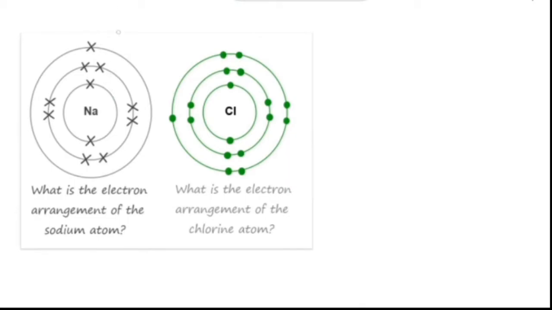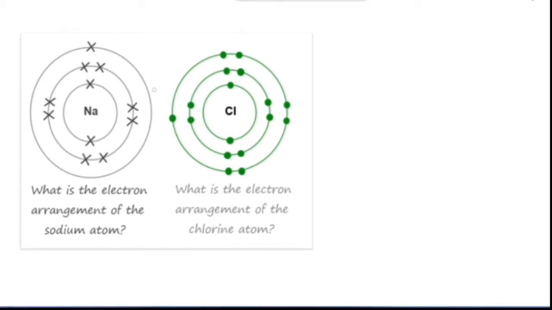Now you can see the structure of sodium and chlorine. You can see that sodium has 1 electron in its valence shell and the chlorine atom has 7 electrons in its valence shell. So how do you think chlorine and sodium will obtain a stable electronic configuration?